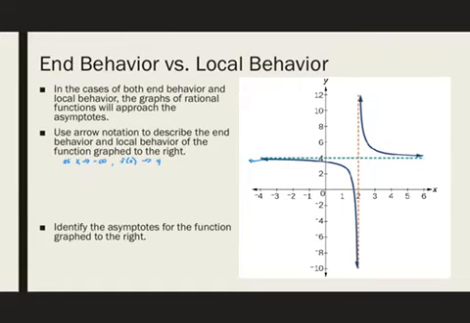So the only difference is now instead of the function approaching infinity or negative infinity, it's approaching that horizontal asymptote. Okay, and if you want to be more specific, we could say it's approaching 4 from the negative side. So not only is it going to 4, but it's going to the left side of, or the bottom side of 4.